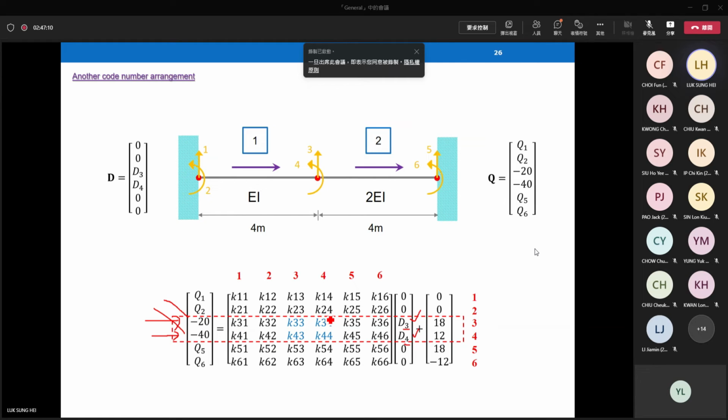Or if you're good in this kind of matrix method, actually the highlighted region becomes the one that we called K11 before. By simple multiplication, this row times this column, you can see that the first two columns and the last two columns are multiplied by 0. Only the middle two elements remain.